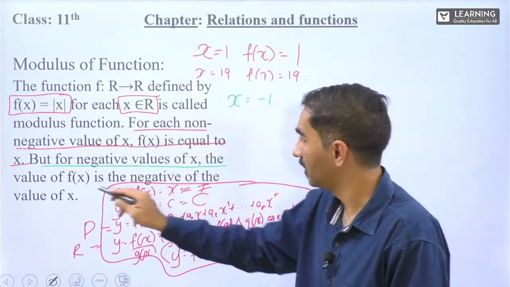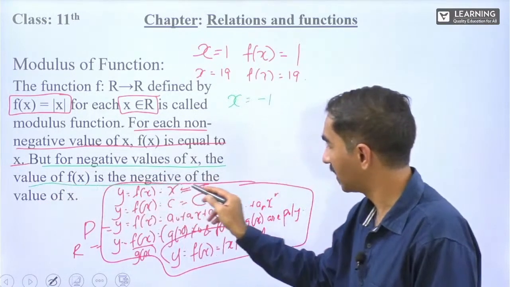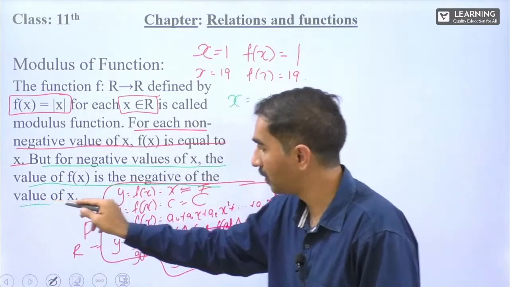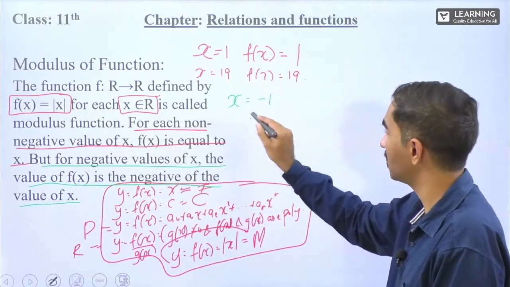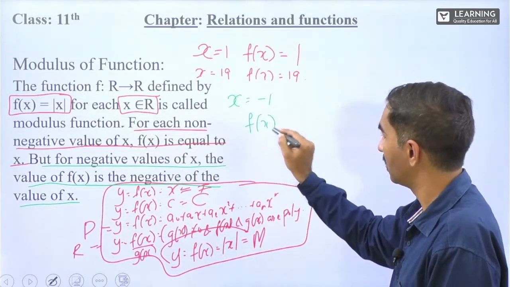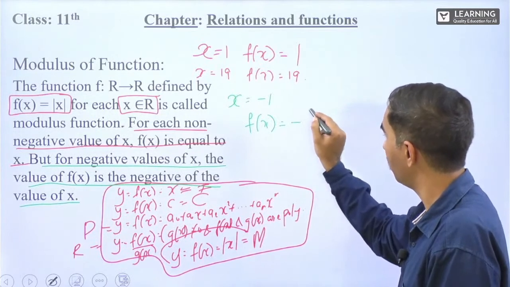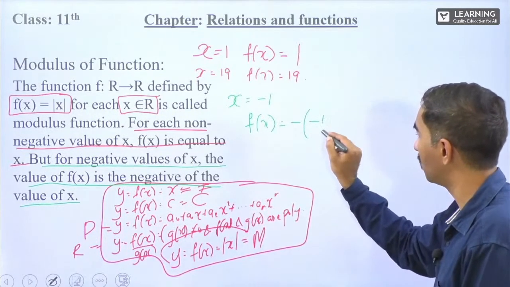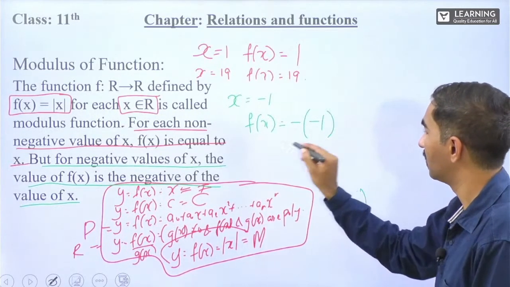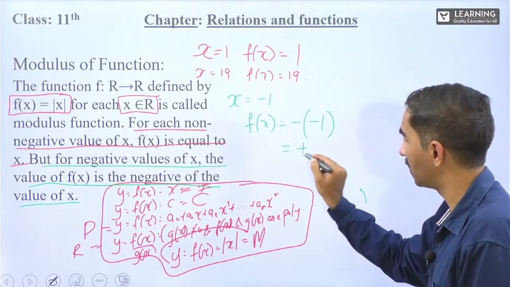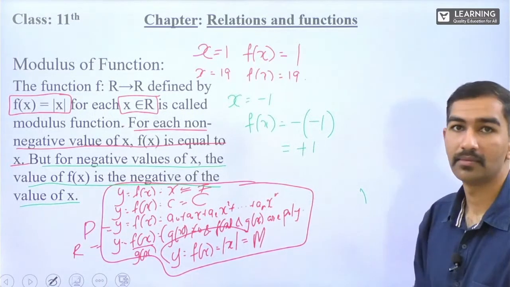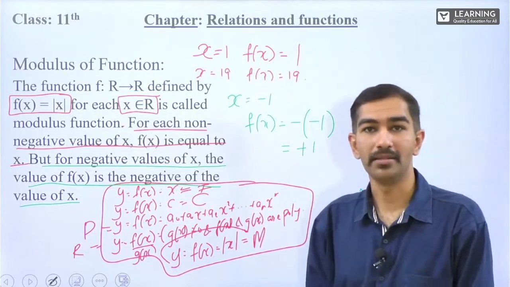Understand this point. So f(x) is the negative of the value of x, which is nothing but equal to plus 1. I hope it's clear.